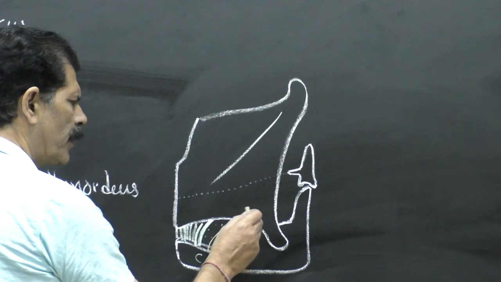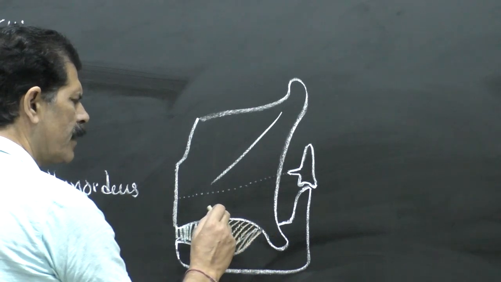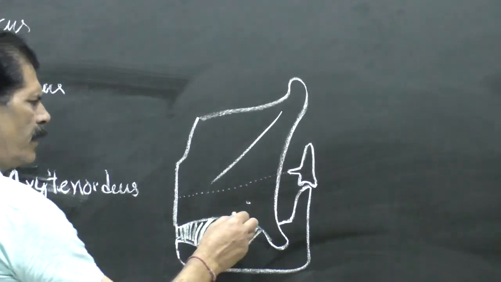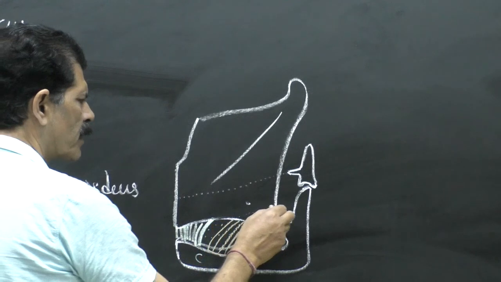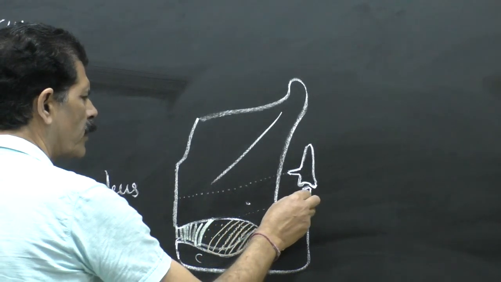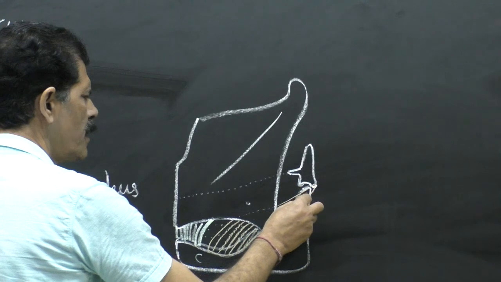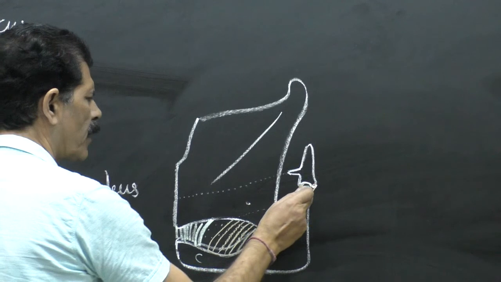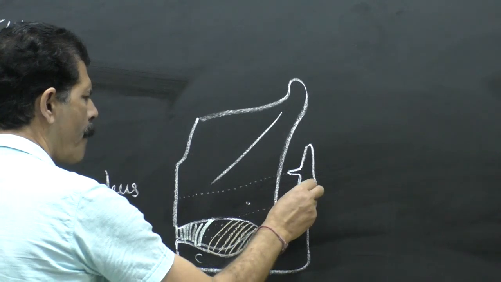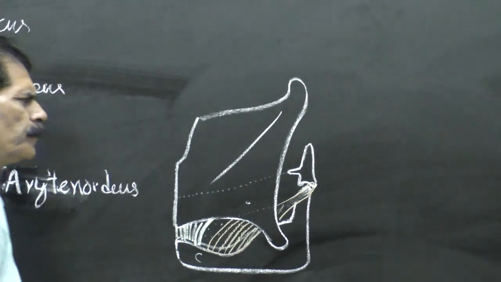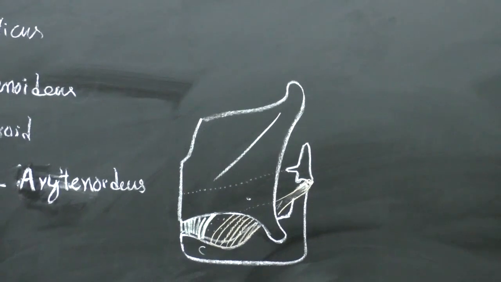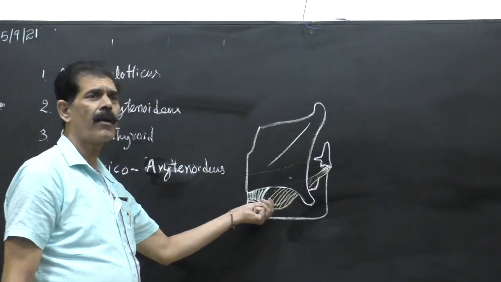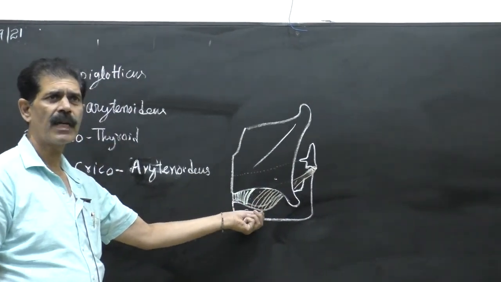It passes below the posterior arched inferior border of the thyroid cartilage, and from here this muscle goes and attaches to the muscular process of the arytenoid cartilage present near the base. So this is the lateral cricoarytenoid muscle, the lateral one. From the lateral surface it takes origin.